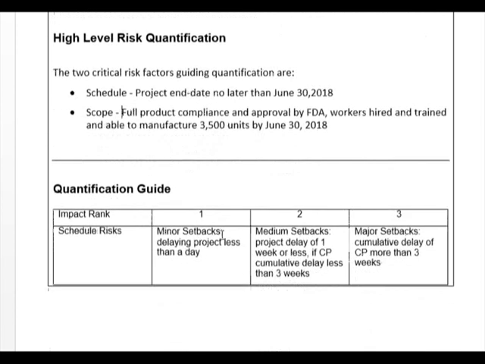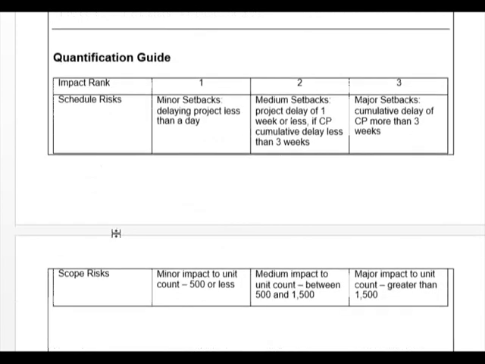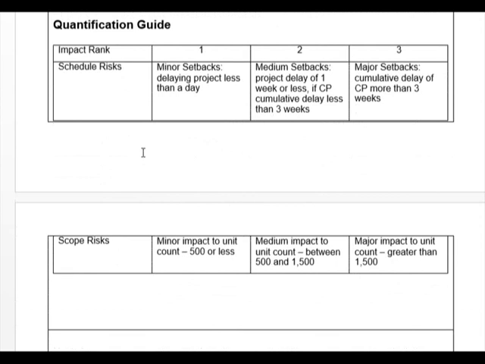So from a quantification standpoint, I'm going to rank impact based upon schedule and scope, my two biggest issues. A schedule risk that is a minor setback which delays the project less than a day is of the lowest impact. One that has a cumulative delay on critical path of more than 3 weeks will be the highest impact.